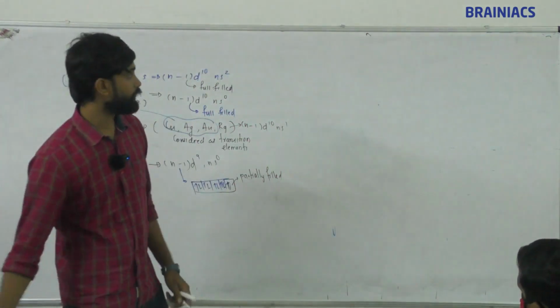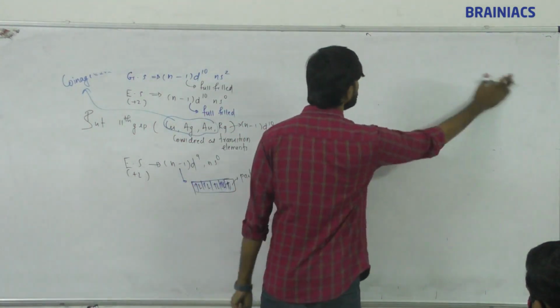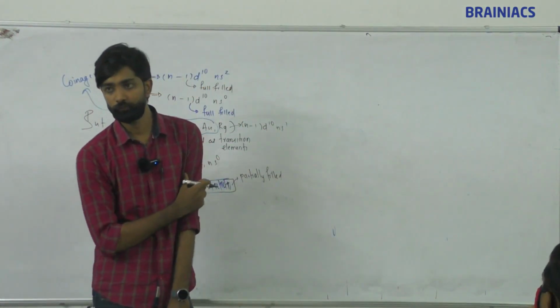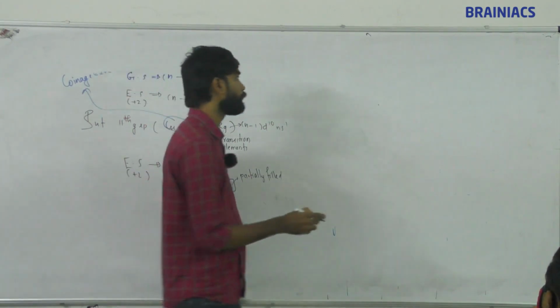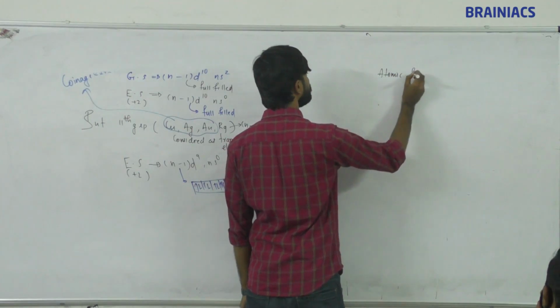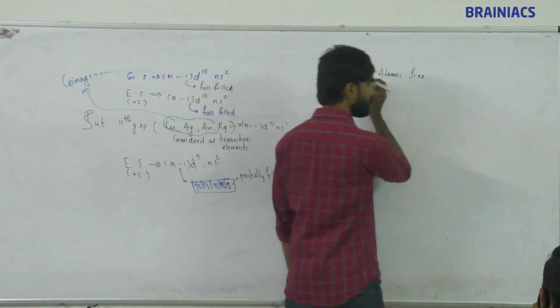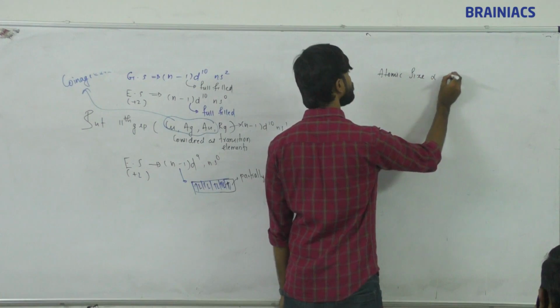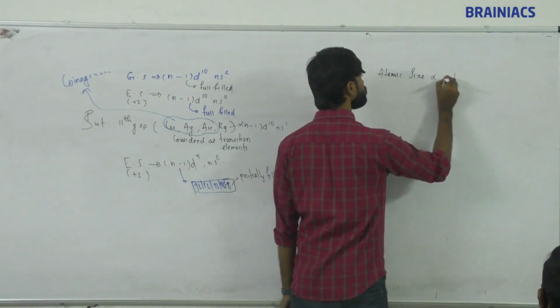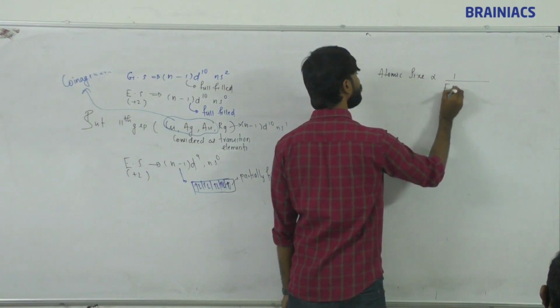You know the atomic size, which is a fact. Is it over? Fine. So what about the dependency of atomic size on effective nuclear charge? Is atomic size directly proportional or inversely proportional to effective nuclear charge?